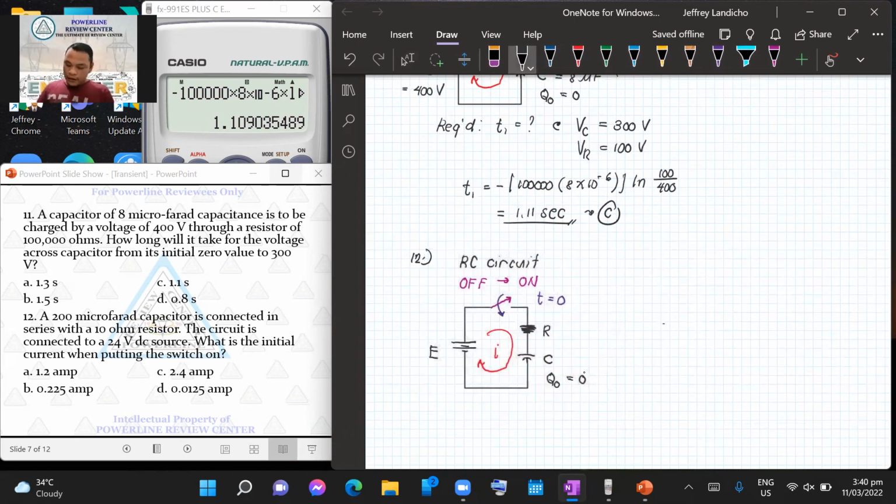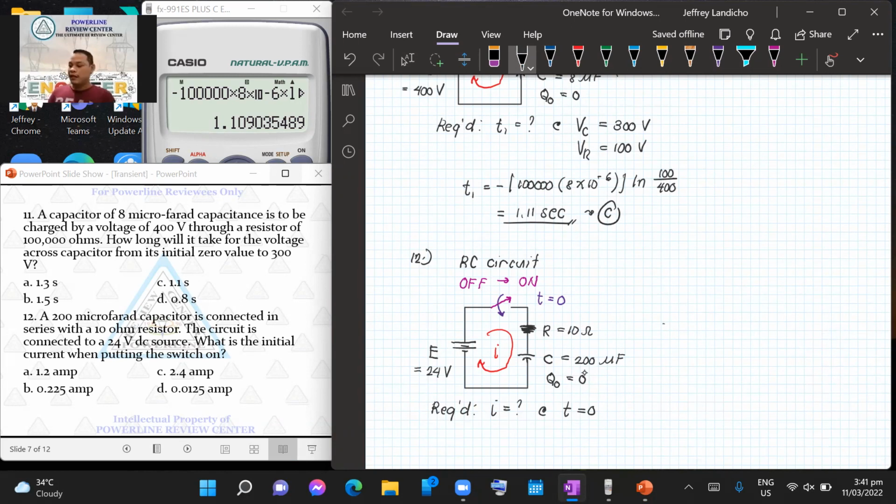So, given that the resistance of this RC circuit is 10 ohms, capacitance of 200 micro, connected to our source voltage at time equal to 0, 24 volts. Ano hinahanap? What is the initial current? That is at time equal to 0.